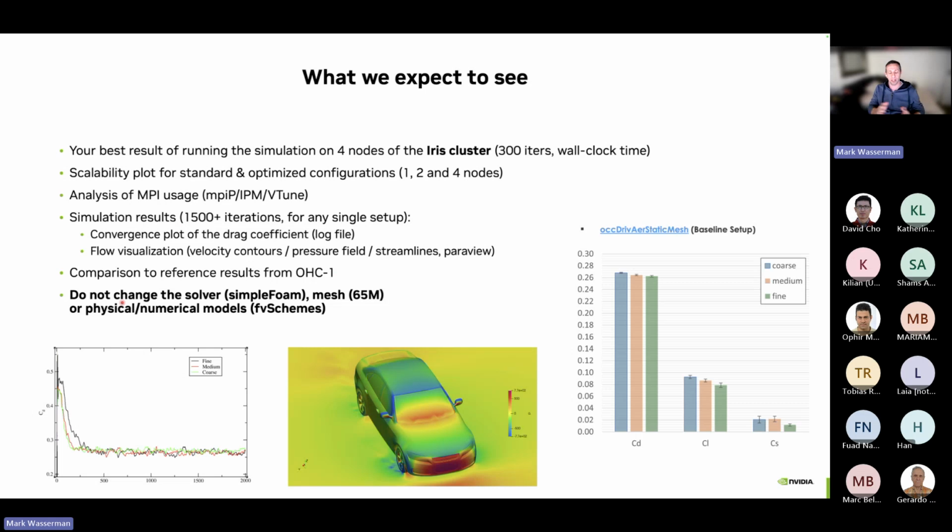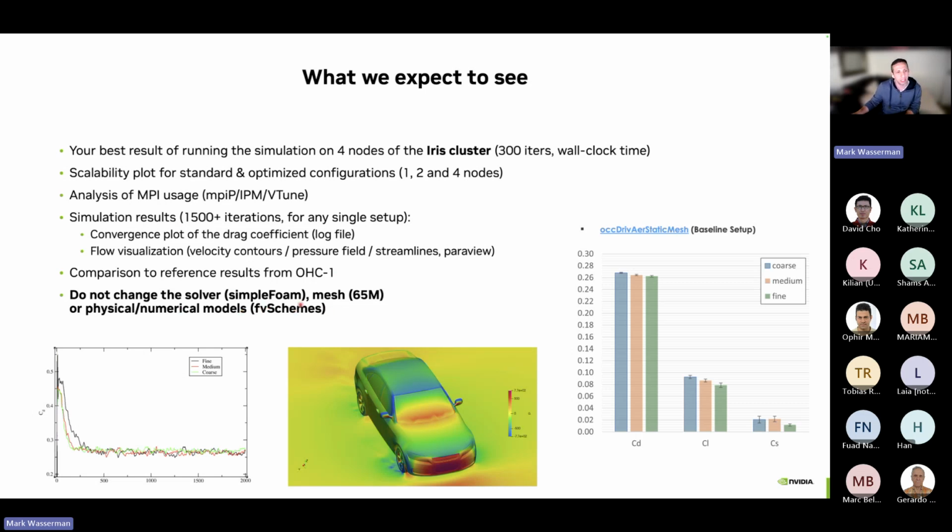We do want you to keep using the simple scheme that I mentioned before, meaning that we want you to use only simpleFoam as the solver. We do not want you to change the mesh, meaning we do not want you to change the number of cells or use a finer or coarser mesh. And we do not want you to change the physical and numerical models that are defined in fvSchemes.